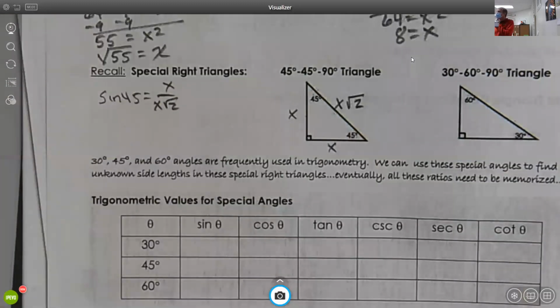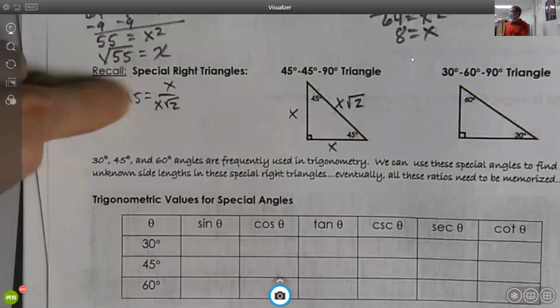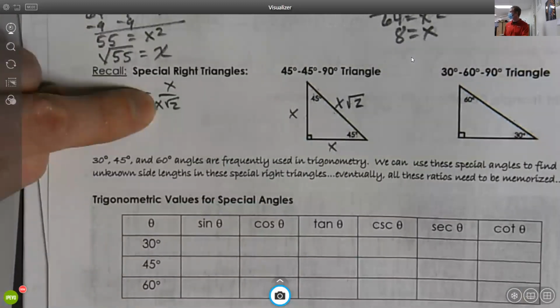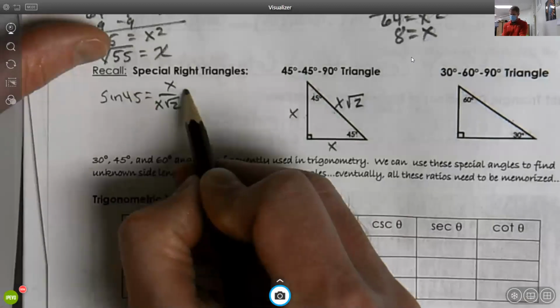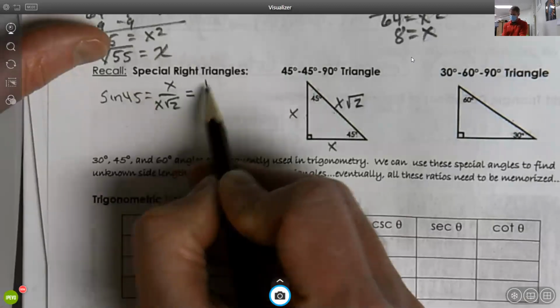And this would work for any set of numbers. This is just the pattern. So if it was 3 for a side, it'd be 3, 3, and 3√2. It'd be the same idea. The sine of the 45 would be 3 over 3√2, which is 1 over √2.